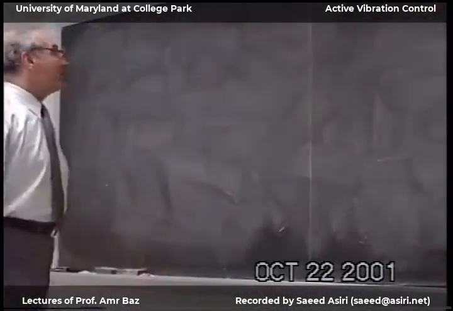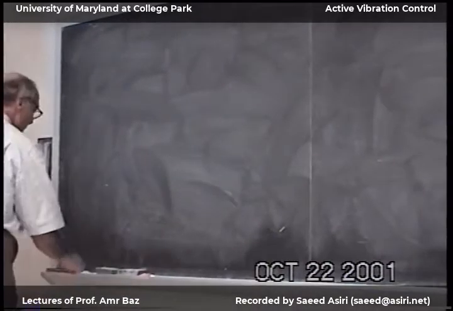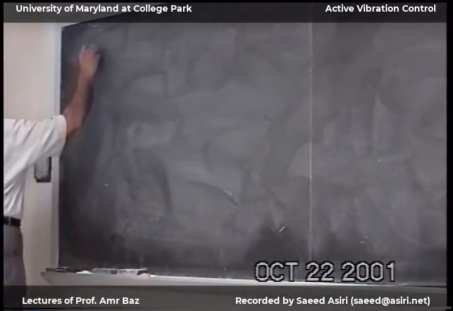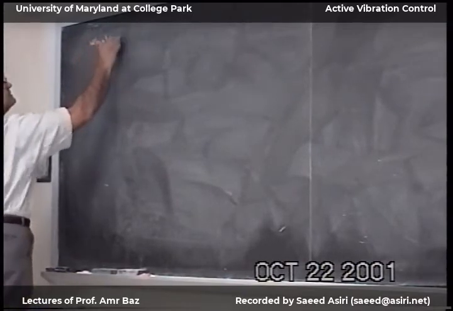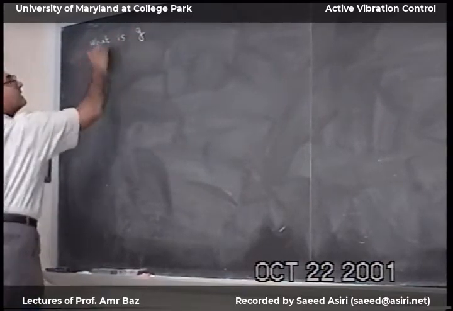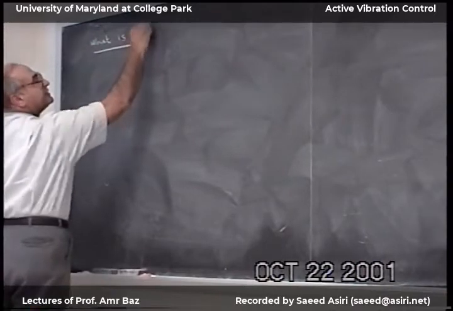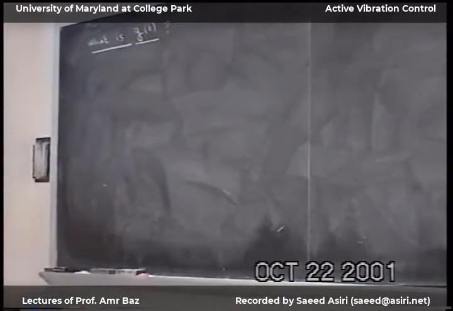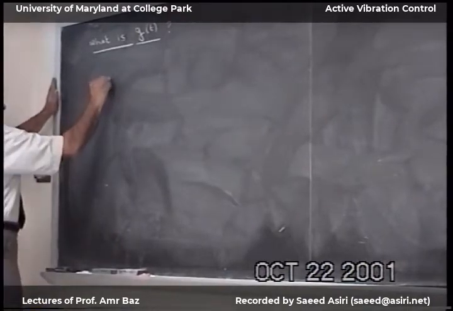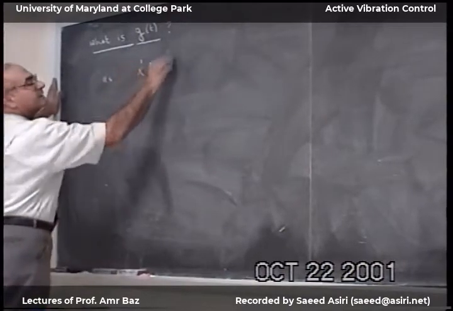Okay, so now here, what is G? This G is a function of time t. We have a system that looks like this.